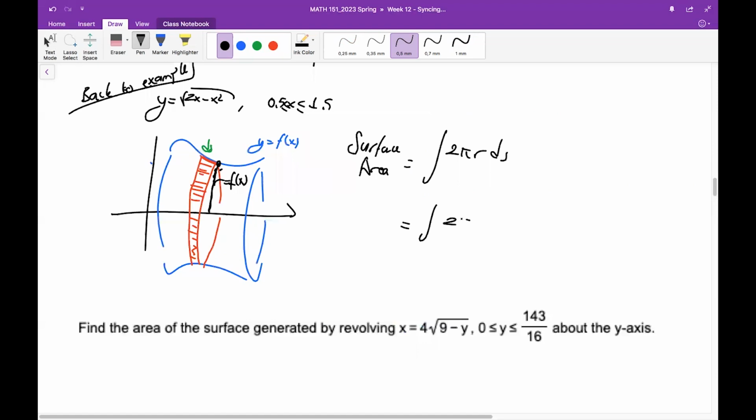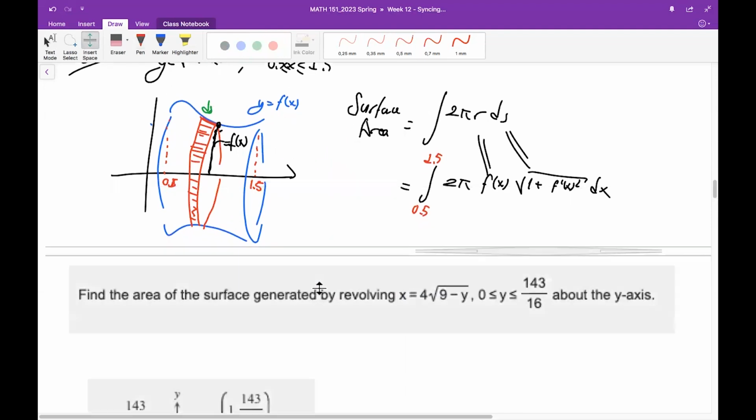That's why I will be using this form of the formula. For r, I will put f of x, and for ds, I will put square root of 1 plus f prime of x squared dx. And the boundaries are from 0.5 to 1.5 on the x-axis. Those boundaries are coming from here, 0.5 and 1.5.